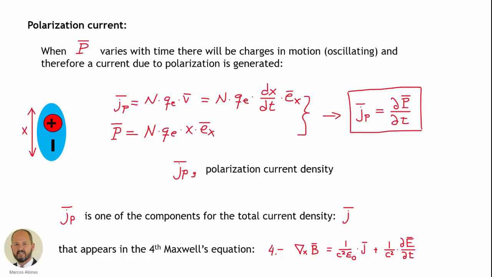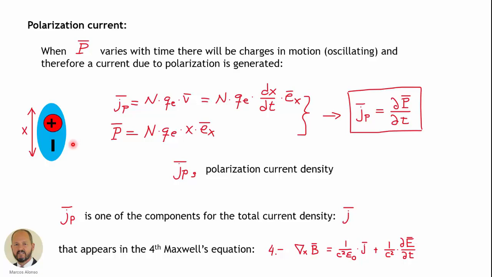And this is so because when P, the vector P here, changes in time, there are going to be charges in motion. They are going to oscillate. For example, if we are applying an electric field which changes in time, then the charges are going to move, maybe this one to the top and this one to the bottom, and then go back again. So they are moving, and this is going to generate a current, which is the polarization current.